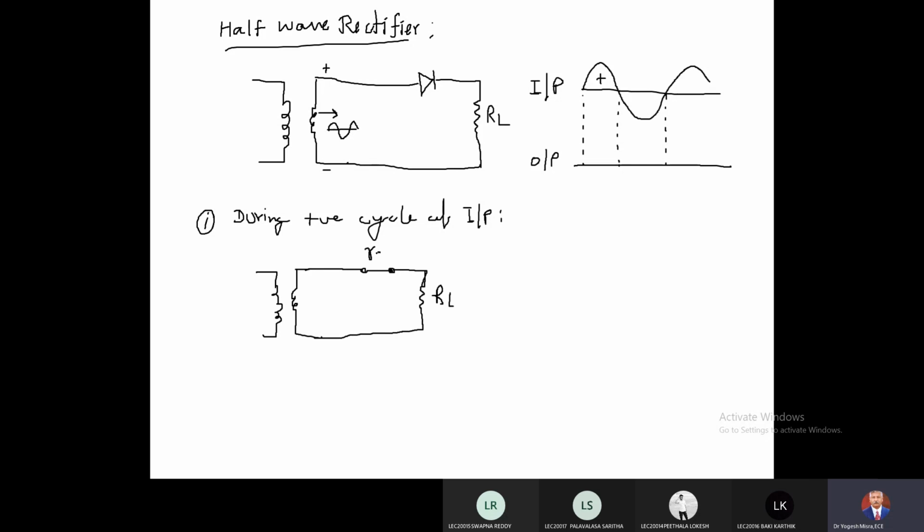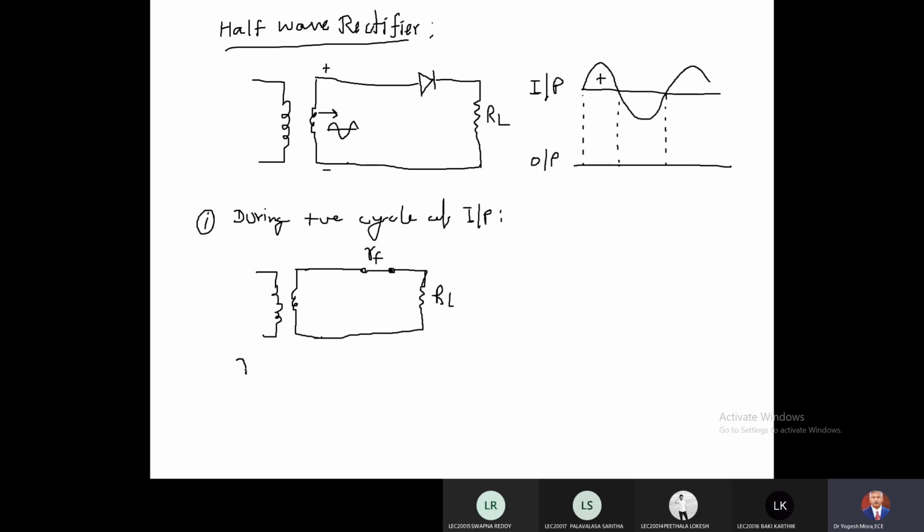This diode will also offer some resistance, but that value is very small. That's why we say that when the diode is under forward bias, when it is conducting, its resistance is 0. But ideally, it is not 0. It has some value, but that value is very small.